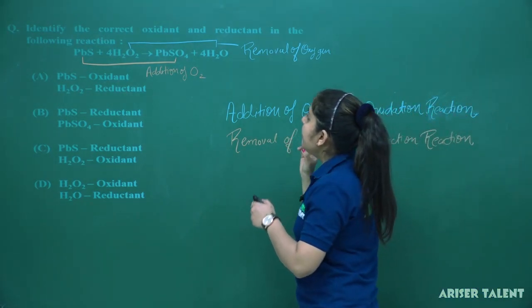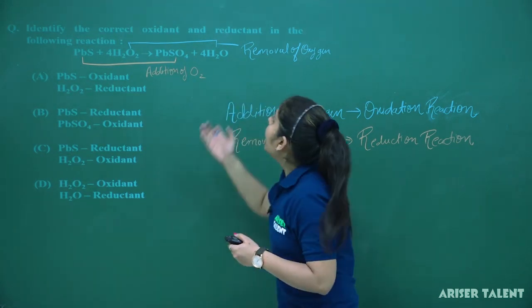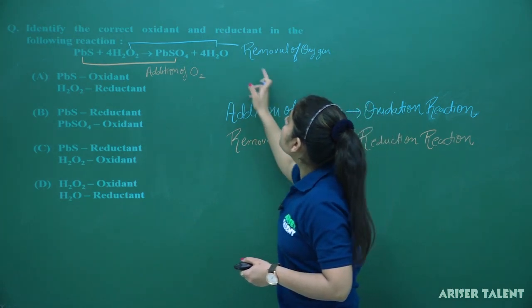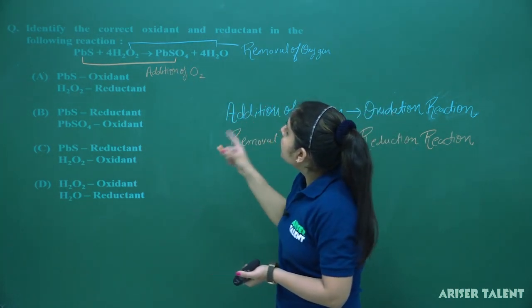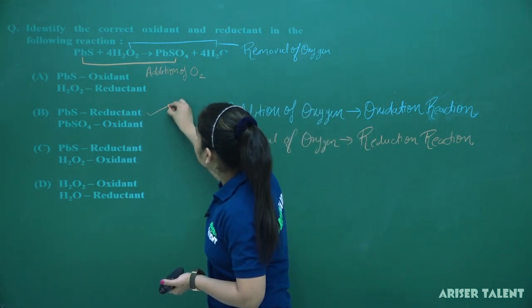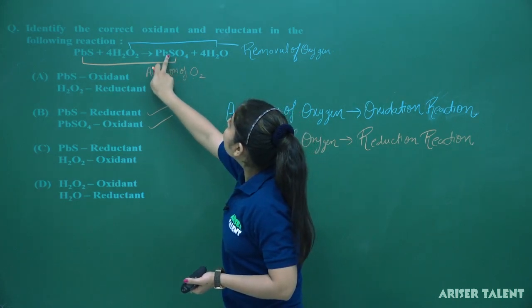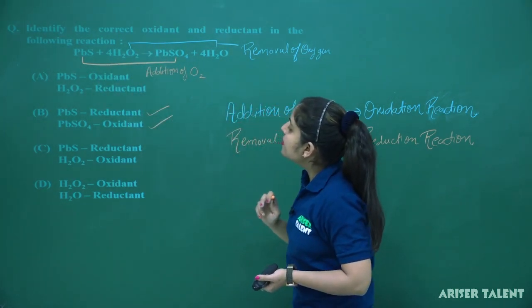So the agent which helps in the oxidation is known as the reducing agent, and the agent which accomplishes the process of removal of oxygen is considered as the oxidant. So in both the cases, PbS is the reductant and PbSO4 is formed, because it helps in oxidation.